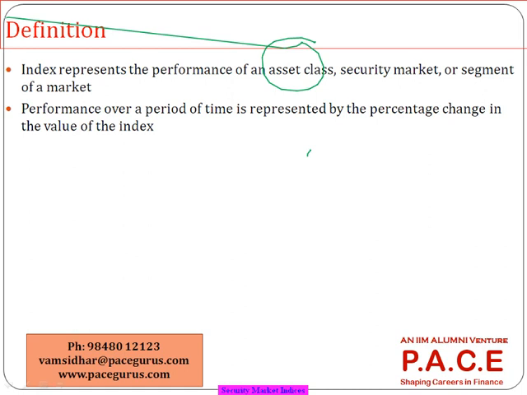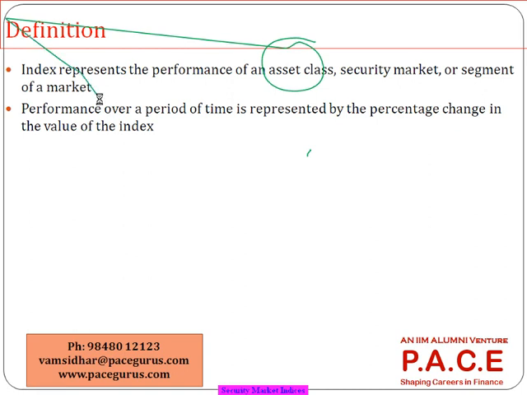So your portfolio has grown by how much? 8, 10, 15. It's always compared against that particular index value. So if you have generated a return which is more than the index return, we say that the portfolio manager has exceeded the expectation. So as a mechanism of expectation, the Sensex or Nifty, or for that matter any index, is taken as a benchmark. So that has so many such advantages associated.